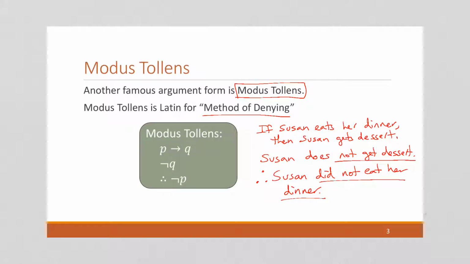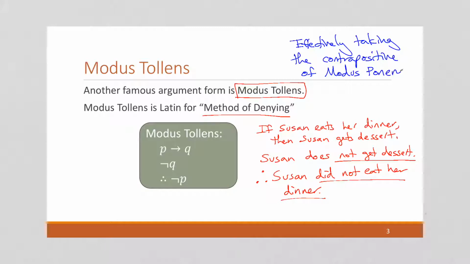Modus tollens works because this is effectively taking the contrapositive of the modus ponens. Right? Because if we have an argument, P implies Q, the contrapositive is not Q implies not P. And that's sort of what's going on here.